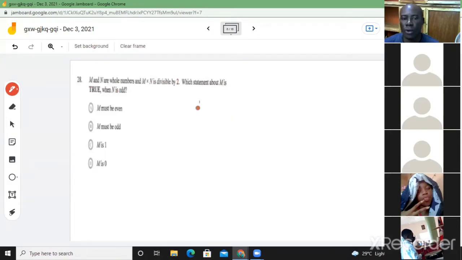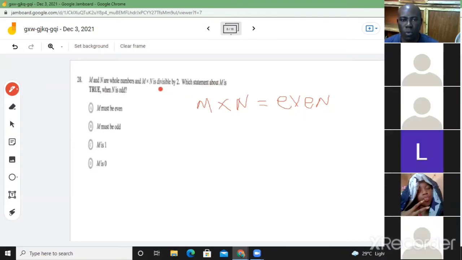So we're looking at M times N, and when M is multiplied by N, you should get an even number, because if the number is divisible by 2, which means that 2 will go into it without a remainder, then it must be even. Everybody agree? Yes, sir. Yes, because when numbers are divisible by 2, they are even.